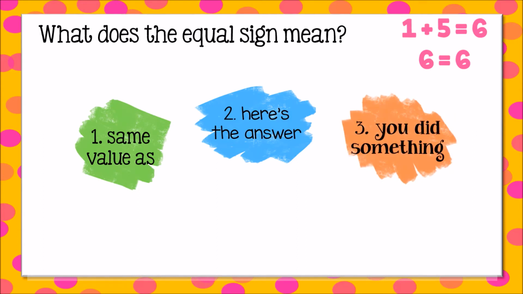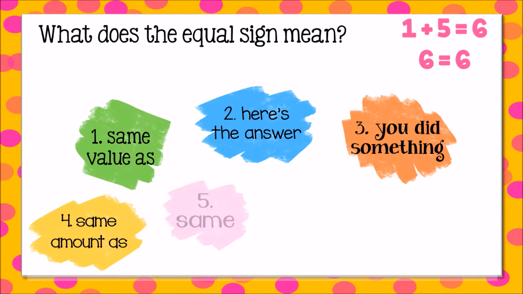The equal sign means you did something, as in 1 plus 5, you did something and you got 6. The equal sign means same amount as. The equal sign means same, as in 1 plus 5 is the same as 6.